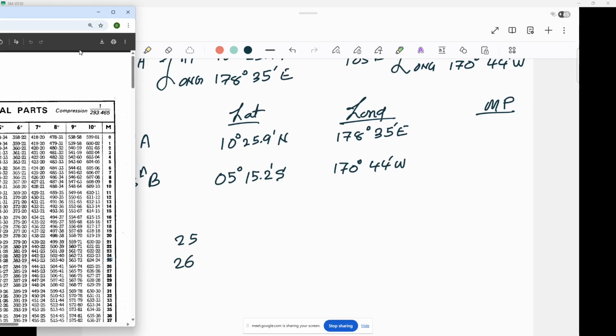And what are the values for 25? 10 degrees 25 is 624 decimal 24, and 26 is 625 decimal 25. So what we need to find out is 25 decimal 9.